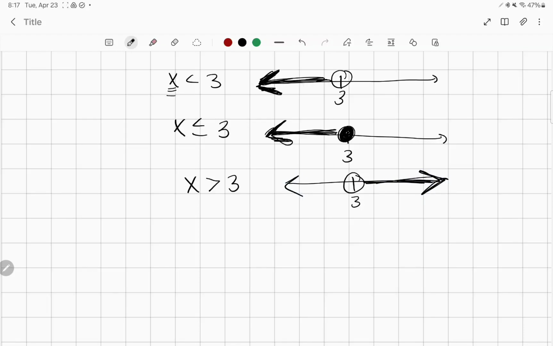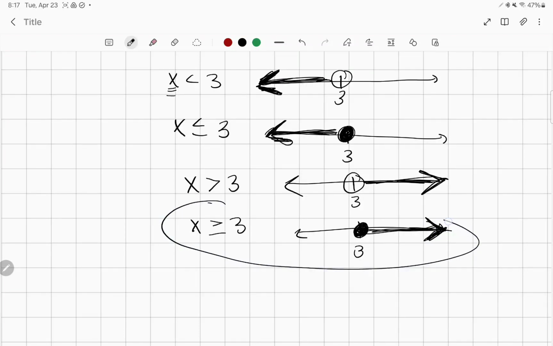But if it was x is greater than or equal to 3, it would be a closed circle because it can be 3, and it's shaded to the right. So let's look at this one right here. When x is greater than or equal to 3, it's saying all the values to the right of 3. So that includes 4, 5, 6, 7.